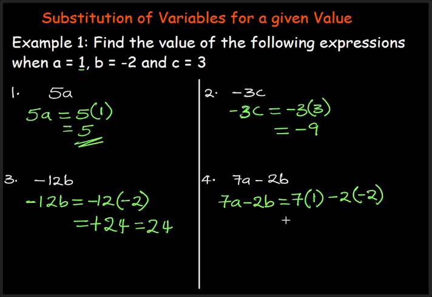So let's see. 7 times 1 will give us 7. Take note of what is multiplying this. Minus 2 is one number. So minus 2 is multiplying this minus 2. So minus times minus will give us plus, and then 2 times 2 will give us 4. So what do we have? That will give us 7 plus 4, which will give us 11.